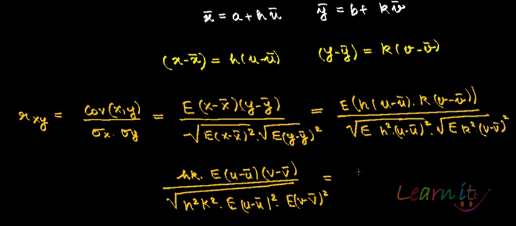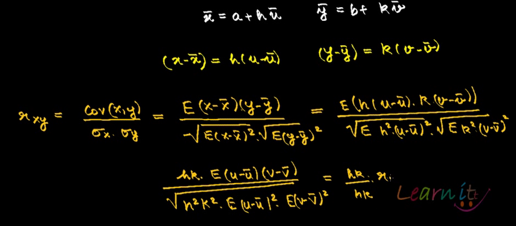Again simplifying, root of h square k square is just hk. And if you look at this expression, E of (u minus u bar) into (v minus v bar) upon root of E of (u minus u bar) square into E of (v minus v bar) square, it is nothing but the correlation coefficient between u and v. Okay, I should write it properly so that you can recognize this.